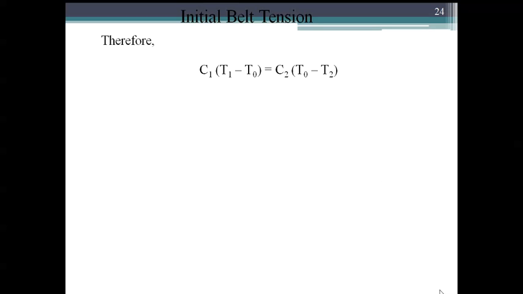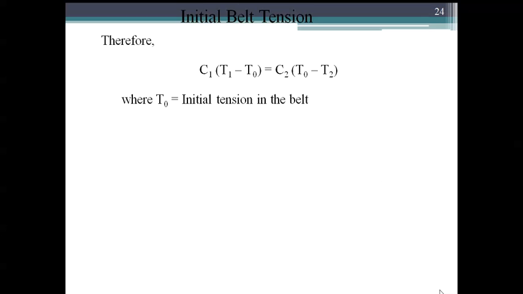Here, the increased tension on the tight side is equal to the loss in tension on the slack side. The increase in tension is T1 minus T0, and the loss in tension on the slack side is T0 minus T2.